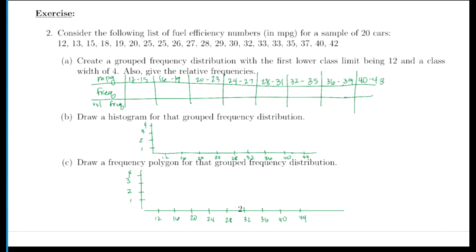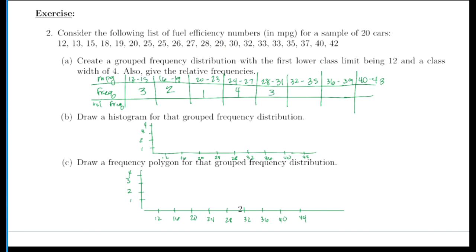So for the first one, we're looking at 12 to 15, so we have 1, 2, 3. For the next one, we're looking at 16 to 19, so we just have these 2. Then from 20 to 23, we just have 20 by itself. Then from 24 to 27, you have 4. 28 to 31, you've got those 3.